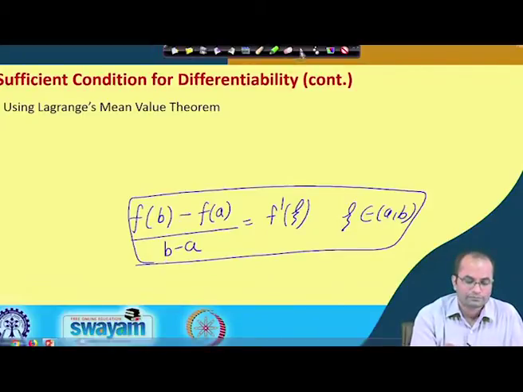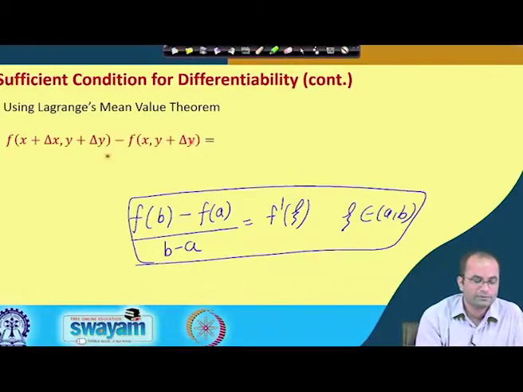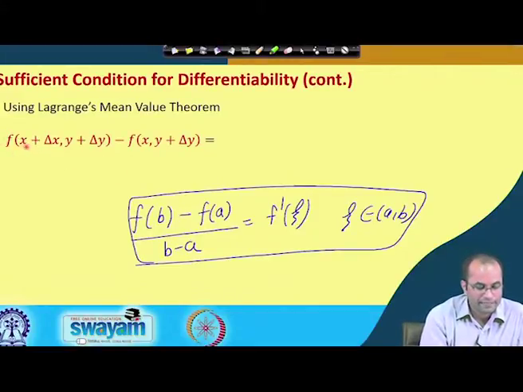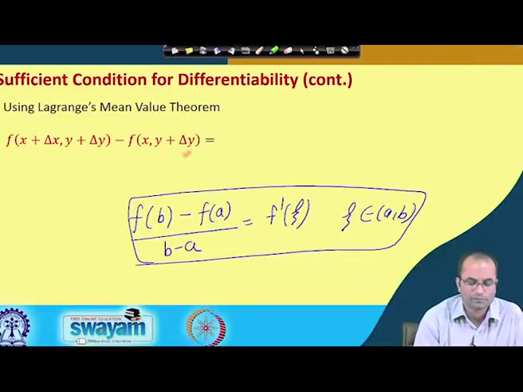And now we use this Lagrange mean value theorem on this difference here. Notice that here we have f(x plus delta x) and f(x), and y is unchanged, y plus delta y in both. So the change is in x only.